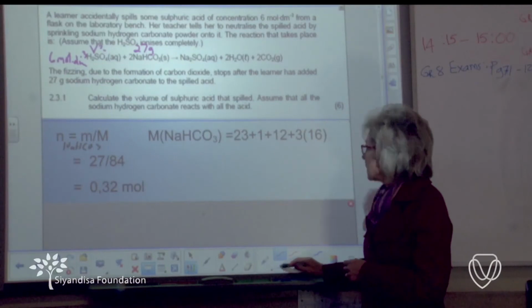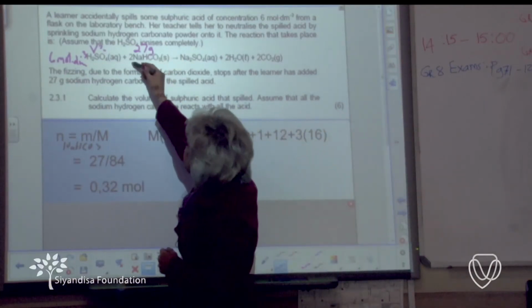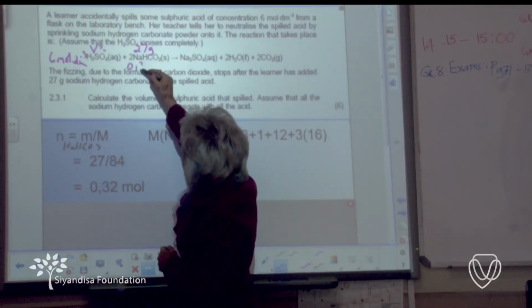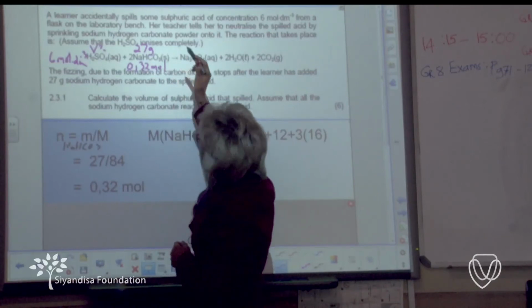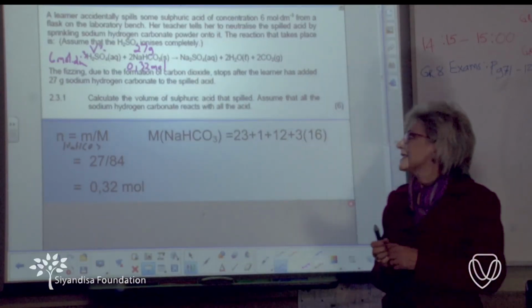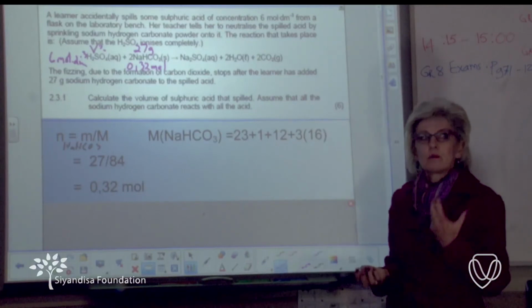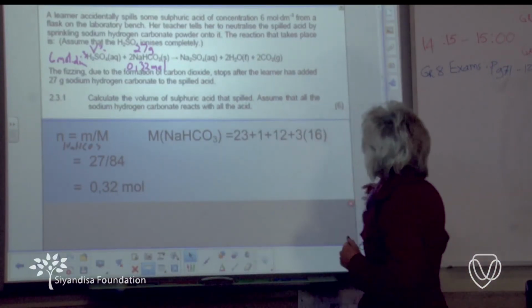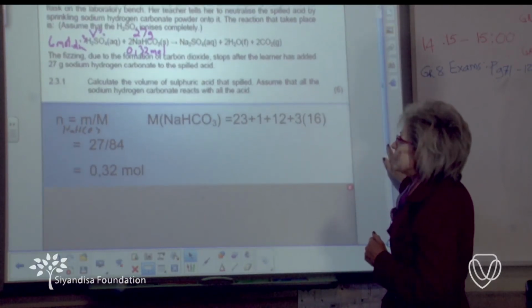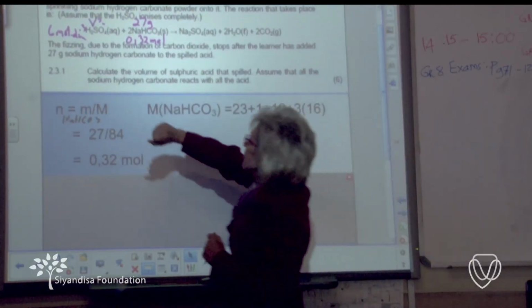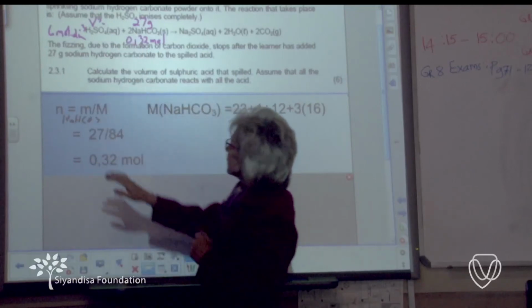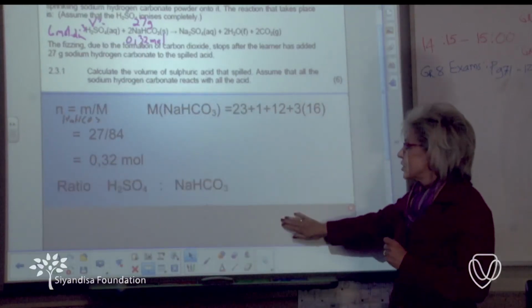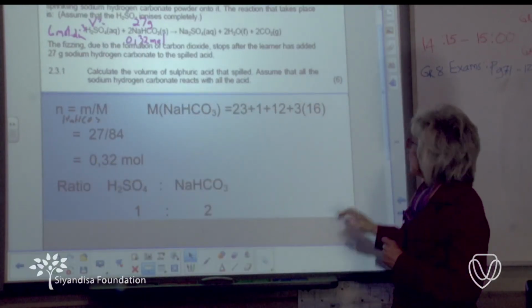So I'm going back to my balanced equation, and that is 0.32 mole as well. Why do I rather work with mole? Because it's so much easier to compare mole values as your balanced equation is written in comparative mole values. Now, according to my balanced equation, the sulfuric acid to the sodium hydrogen carbonate is in a ratio of 1 to 2.